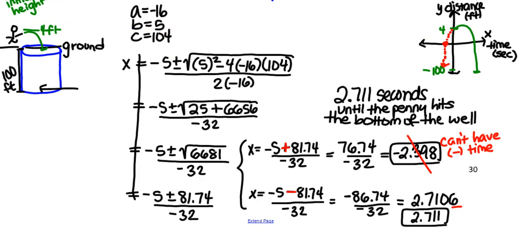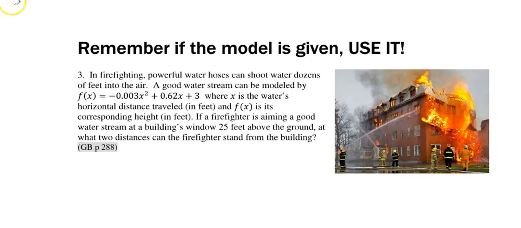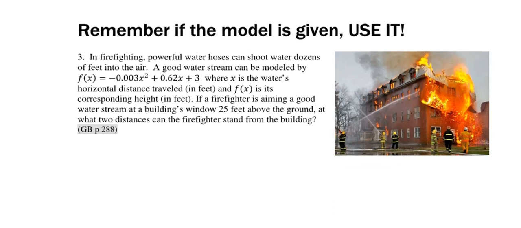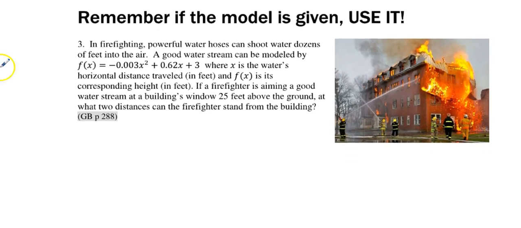Moving on to the firefighter question. In giant words here at the top, it says, remember, if the model is given, use it. So let's see how that's going to work for number 3. In firefighting, powerful water hoses can shoot water dozens of feet into the air. A good water stream can be modeled by, and check it out, it gives me a model.